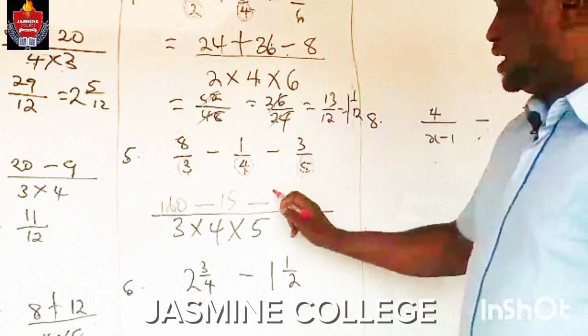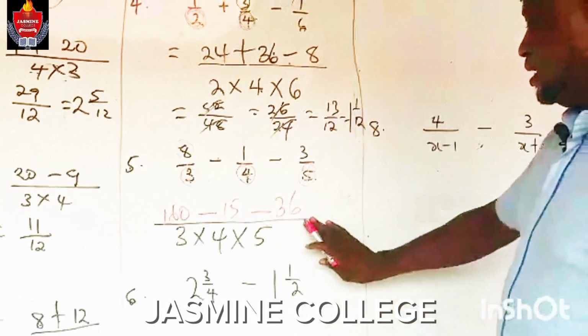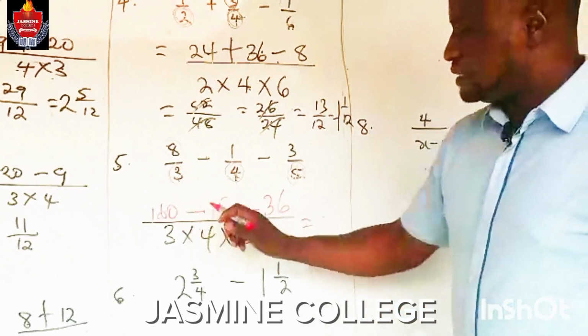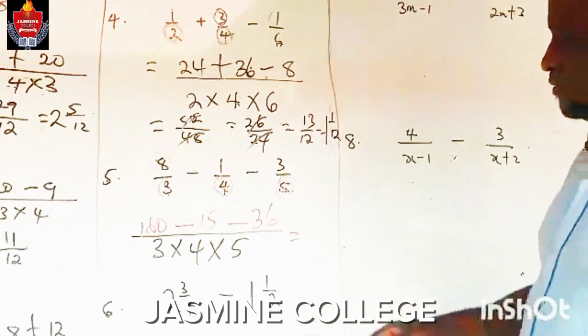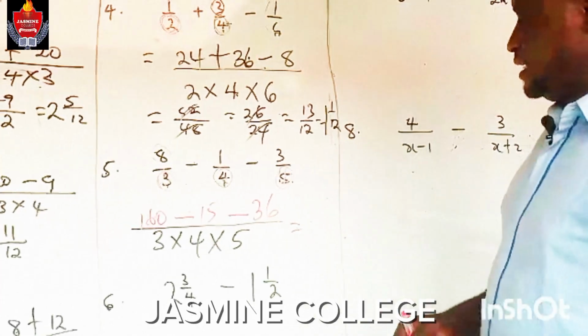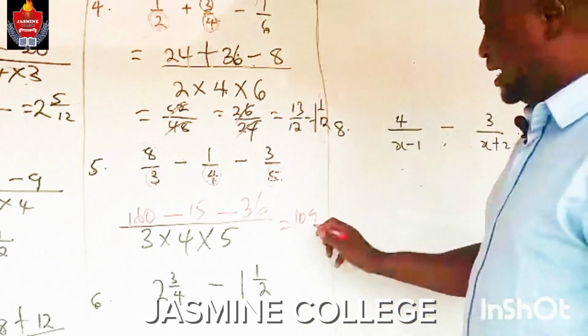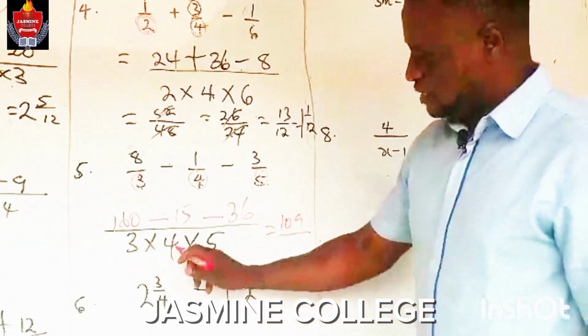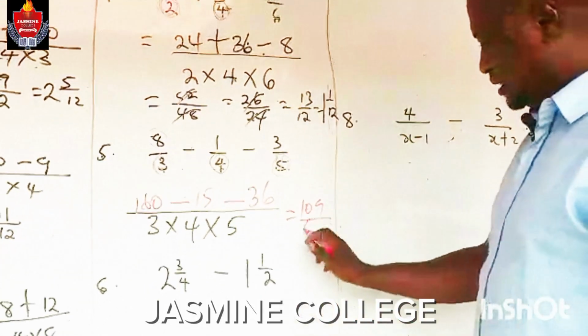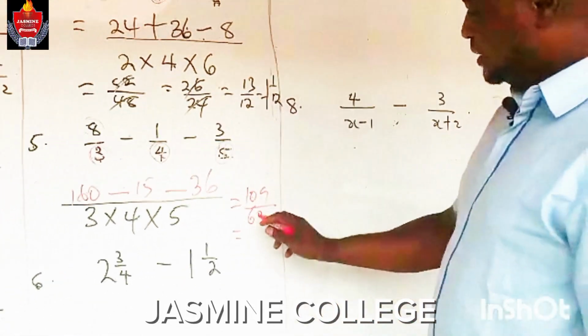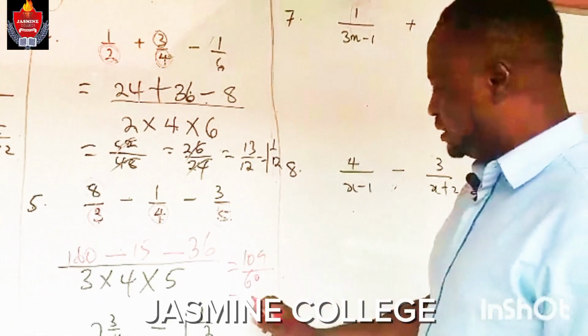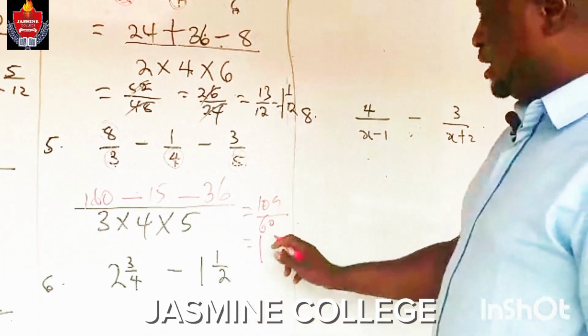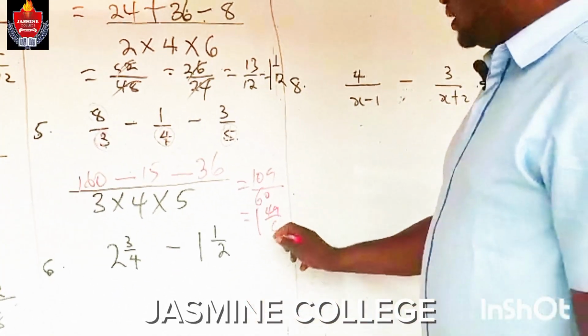Then 12 times 3, we have 36. So from here, 160 minus 15 will give us 145. And 145 minus 36 will give us 109 over 3 times 4, 12, 20 times 5, we have 60. Okay, so 60 can get into 109 one time. So once. And then we have a remainder of 49 over 60.